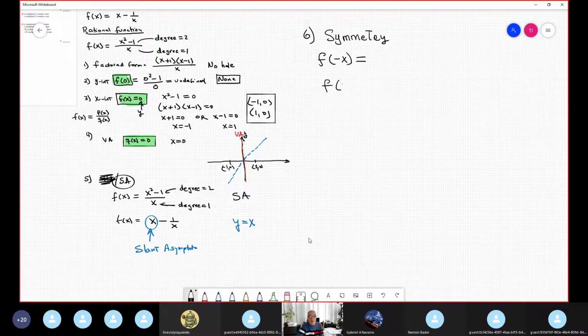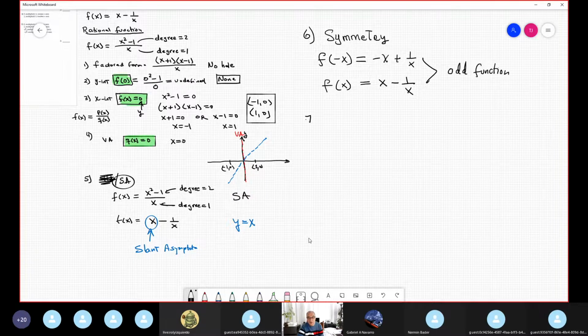This is my original f of x: x minus 1 over x. Now you replace, and this is negative x plus 1 over x. You see, wow, they are completely opposite in sign. Therefore, this is an odd function. As an odd function, I take advantage of this symmetry, because the symmetry will respect the origin.